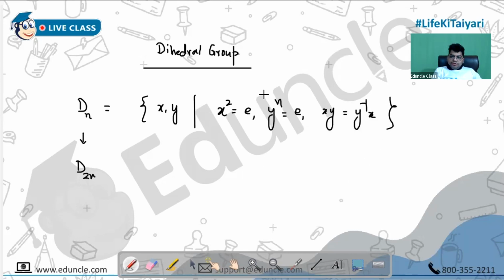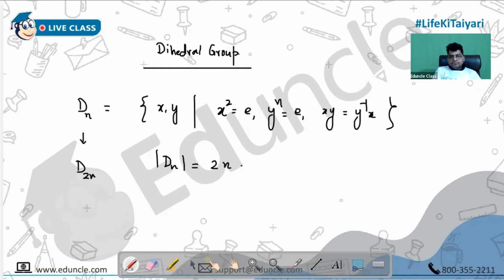This is the dihedral group. It means it is not commutative, and it is generated by two elements, one of order 2 and one of order n. The order of Dn is 2n.